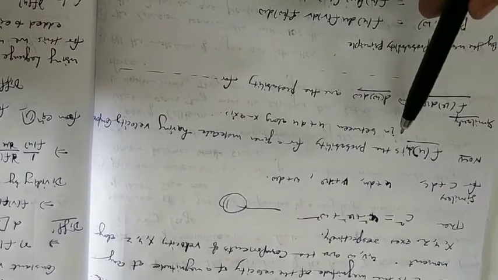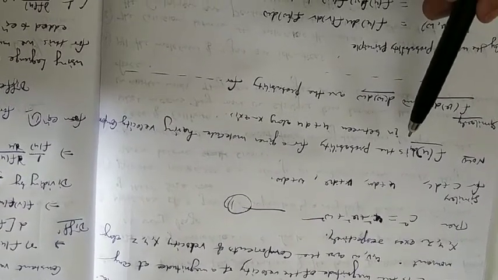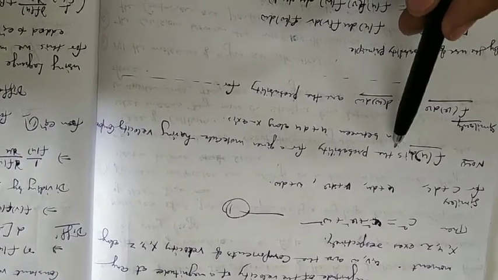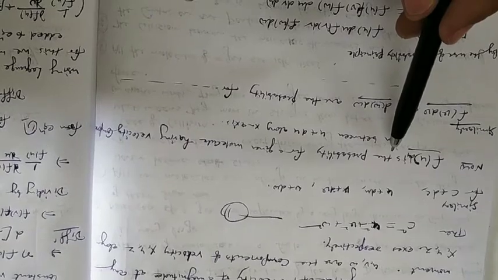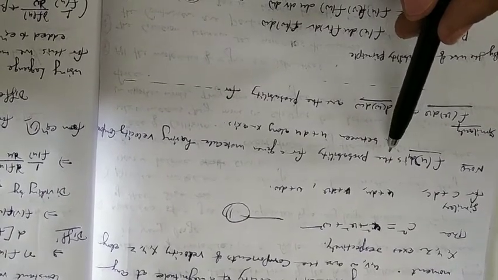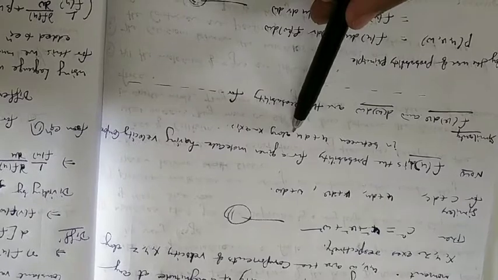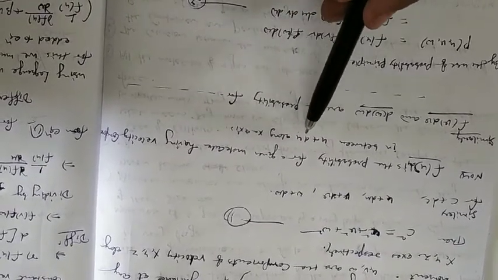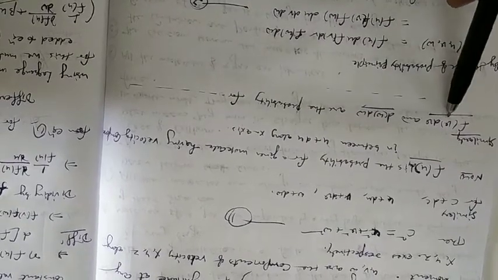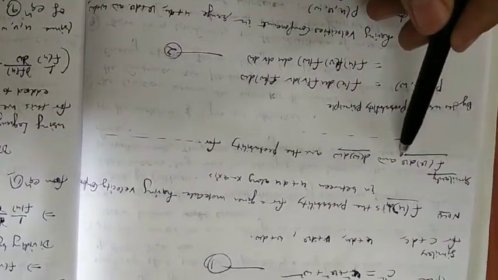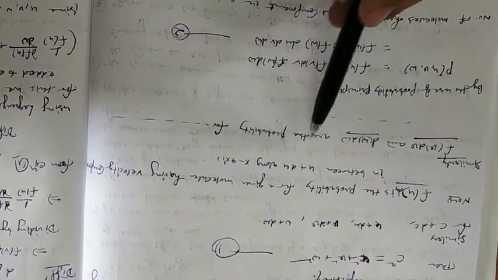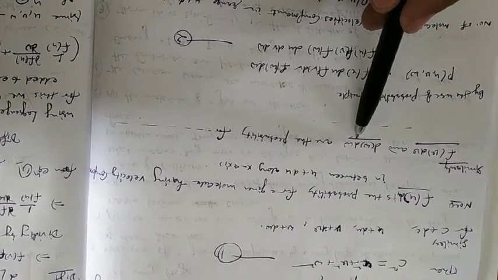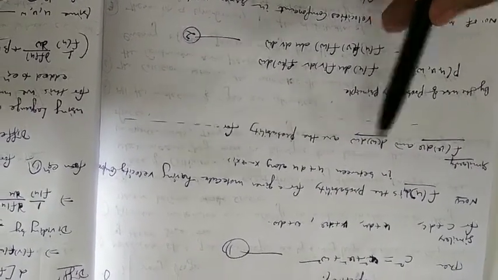Now, let the probability of a given molecule having a velocity component between u and u plus du along the x-axis be f(u) du. Similarly, for v plus dv this probability is given by f(v) dv, and for w plus dw by f(w) dw.